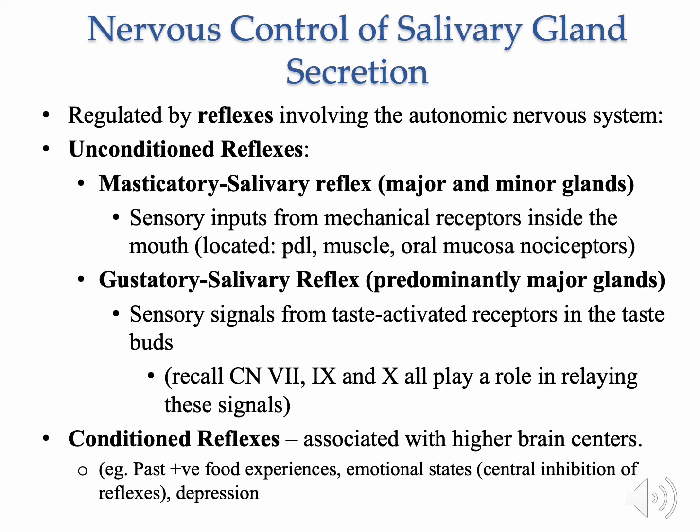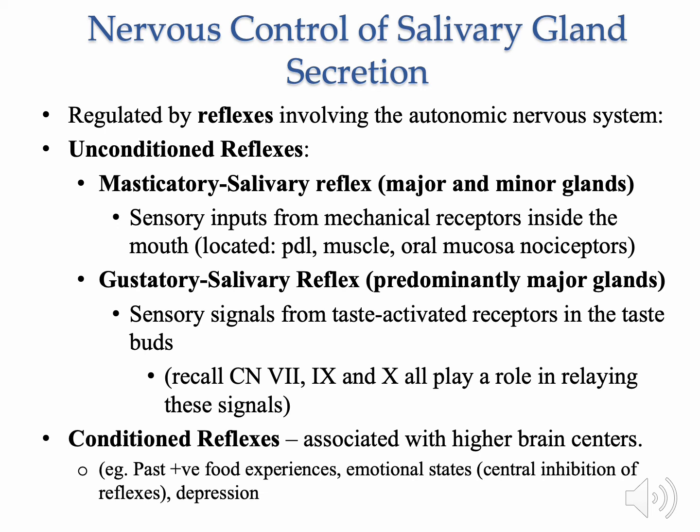The regulation of salivary secretions is via the autonomic nervous system. We have two unconditioned reflexes. First we have the masticatory salivary reflex, and this involves both the major and the minor glands. For this reflex, we have sensory input from mechanical receptors inside our mouth.